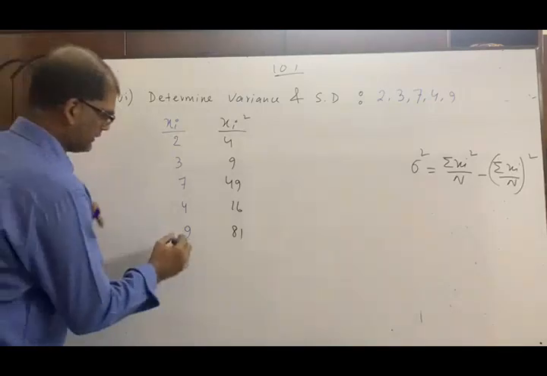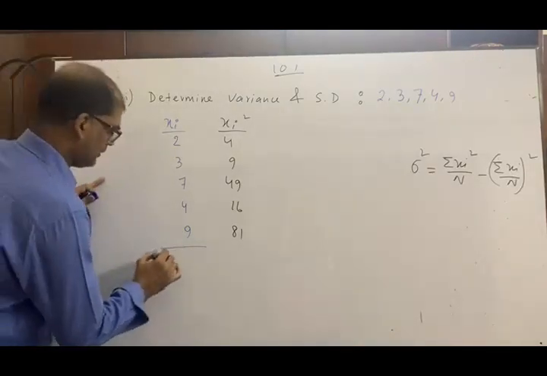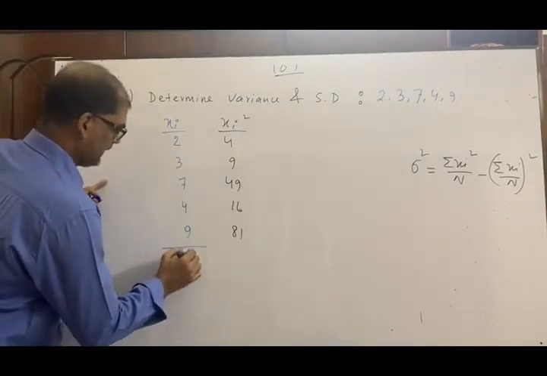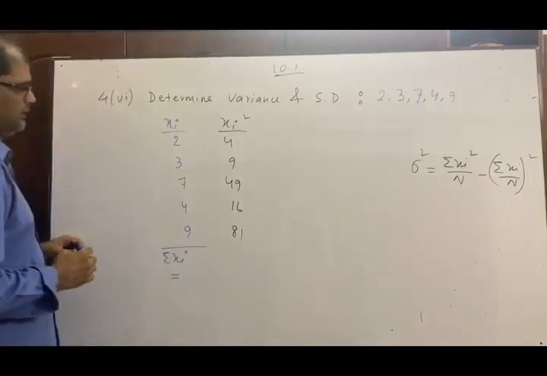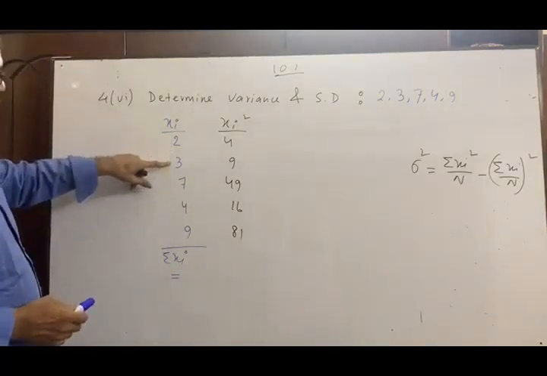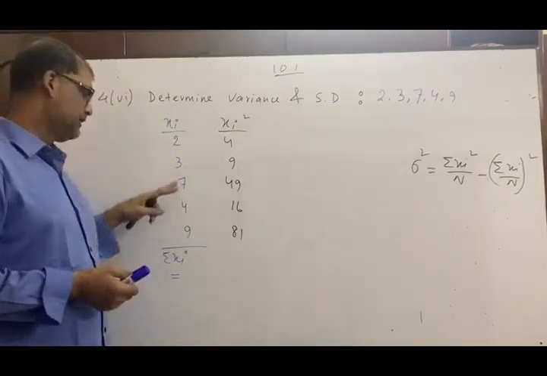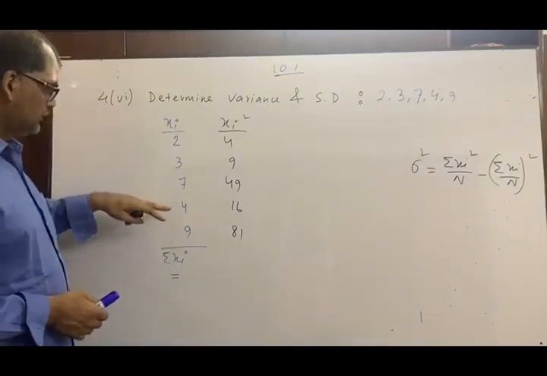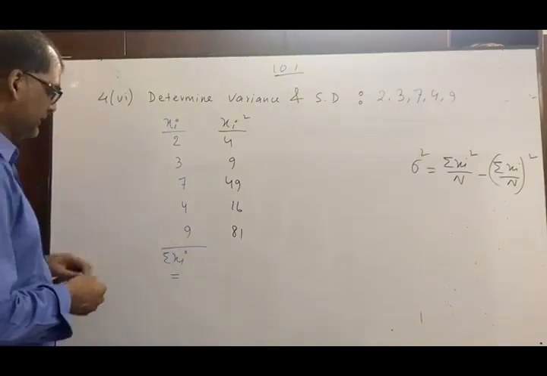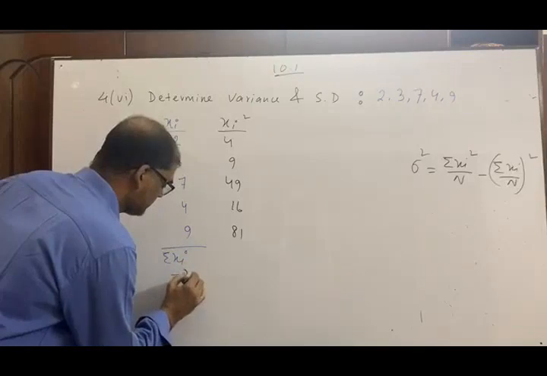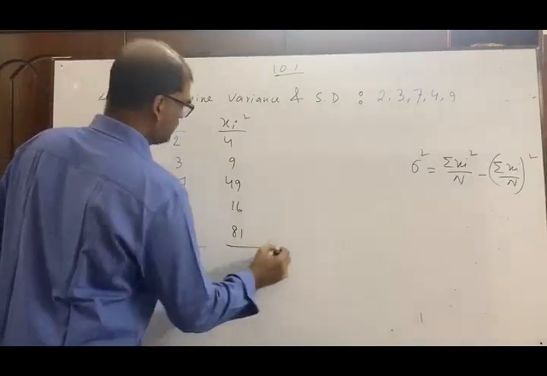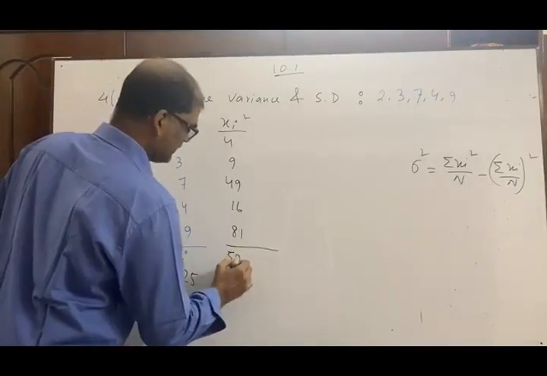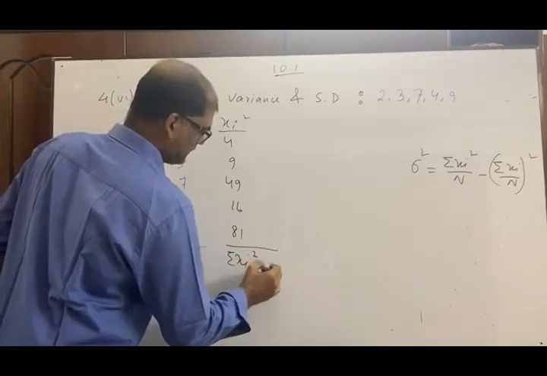Summation xi equals to what? 2 plus 3 equals 5, plus 7, 12. 12 plus 4, 16, plus 9, that is, it is equal to 25. Now summation xi square equals to what?